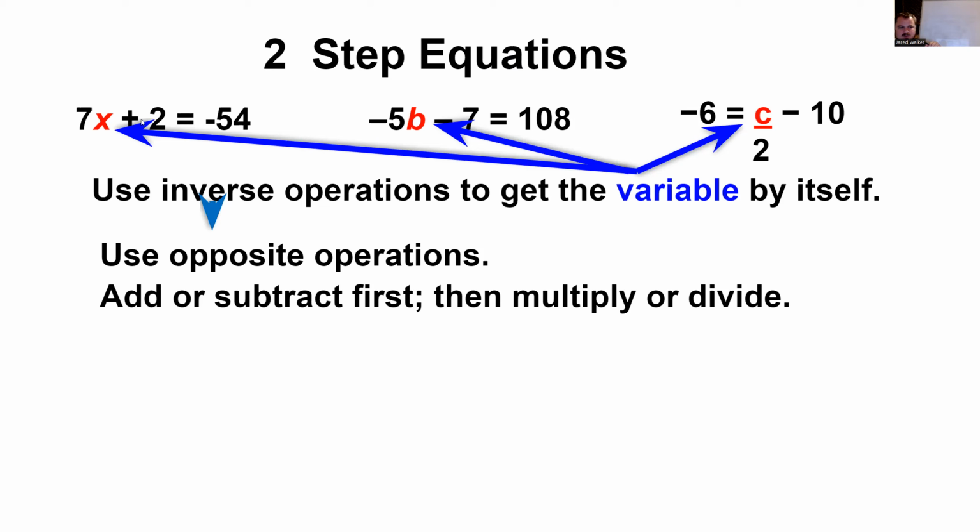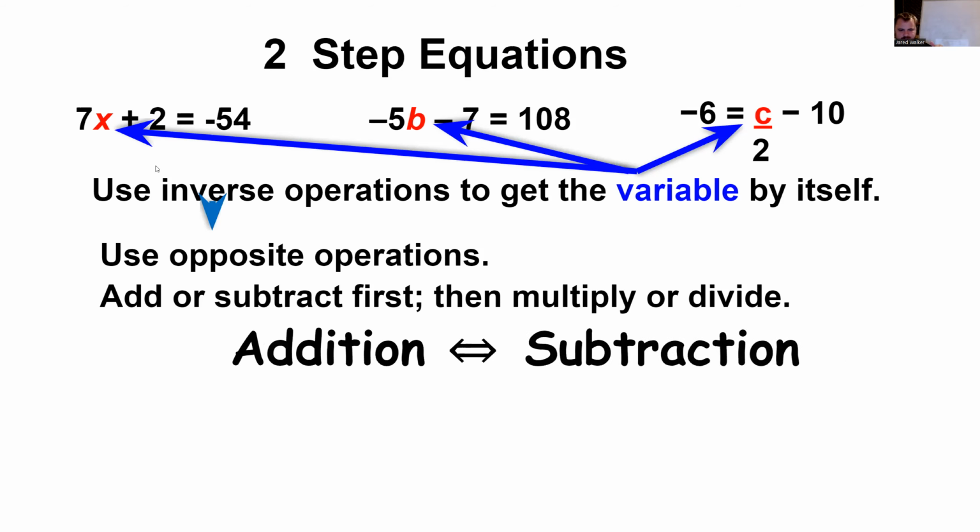So in this case, we need to start off, we want to get the x by itself. Well, multiplication would be before addition in normal order of operations. So since we're working backwards to undo the equation to get x alone, you will start with addition. So what we need to do is undo this part of the addition. Once we've undone that, we'll undo this multiplication.